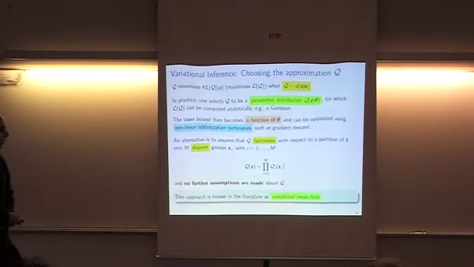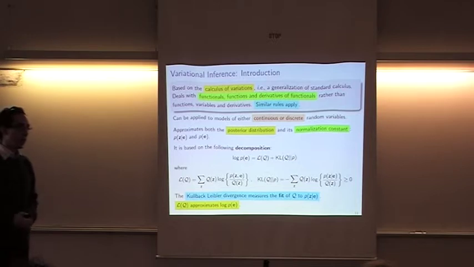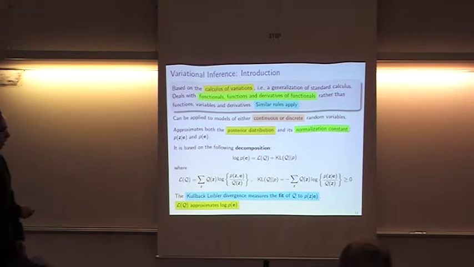In that case, I can introduce more approximations. Instead of working with this lower bound, I'm going to introduce additional lower bounds. I can lower bound each of the factors in the joint with some simple function, and then I will introduce additional variables that will determine the form of those lower bounds, and I will optimize with respect to those additional variables.